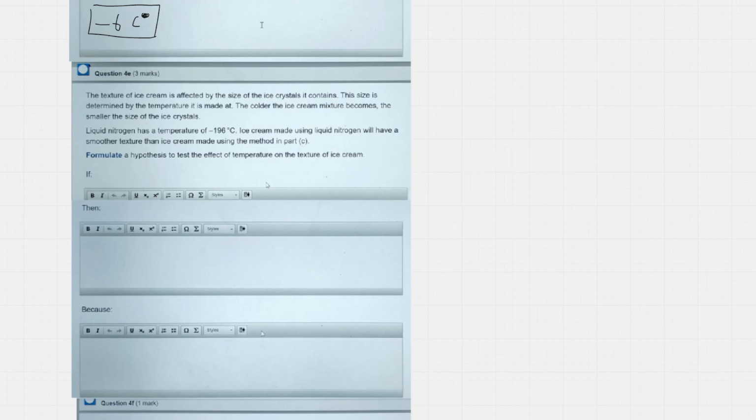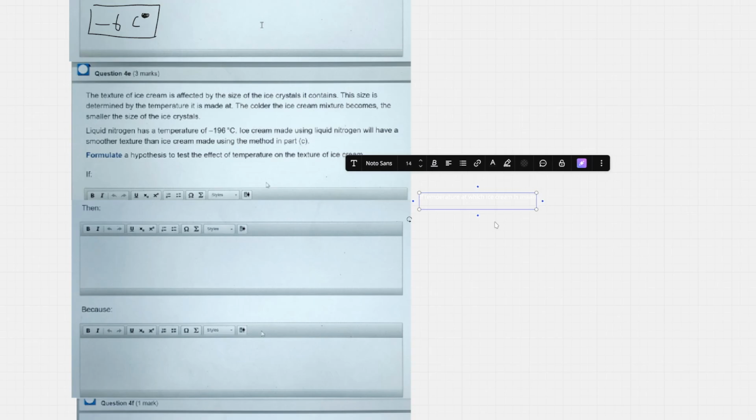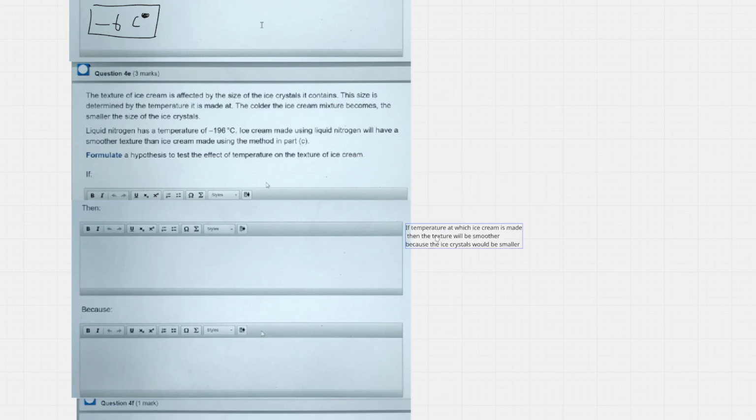So, if in this format, and you get all 3 marks.